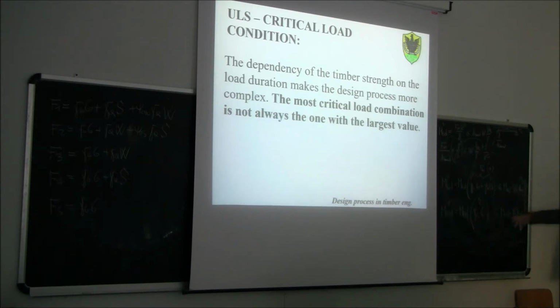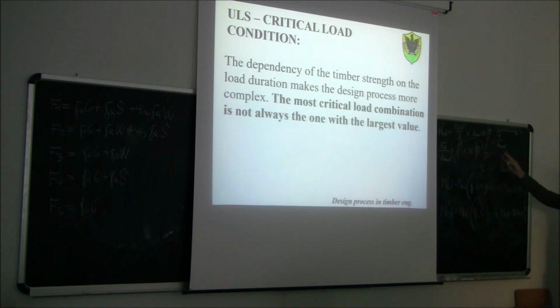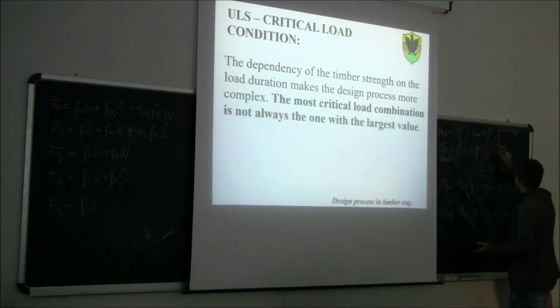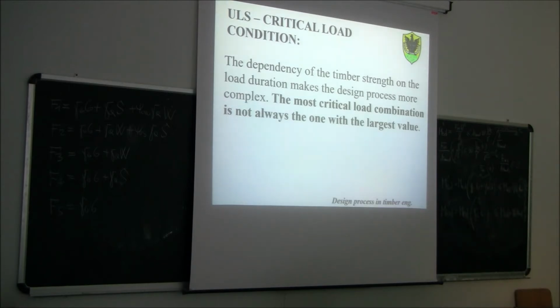I would have to write another design inequality like FU2 divided by K mod 2 less than this quantity, which is exactly the same. This doesn't change. It is load condition independent. So if you call this constant C, this must be less than or equal to C.